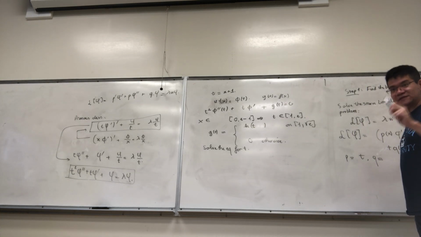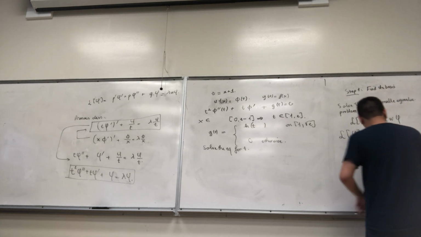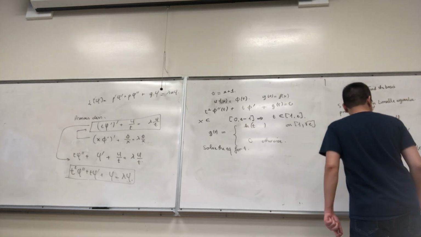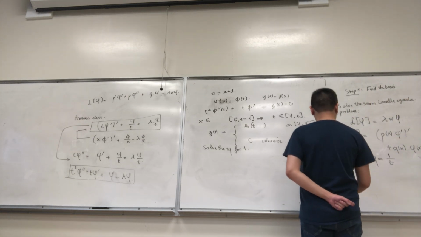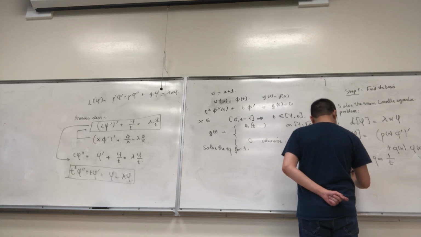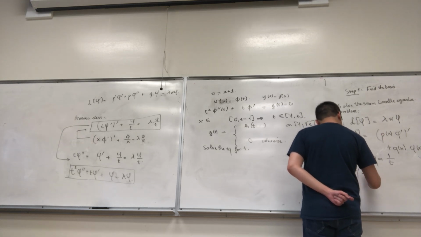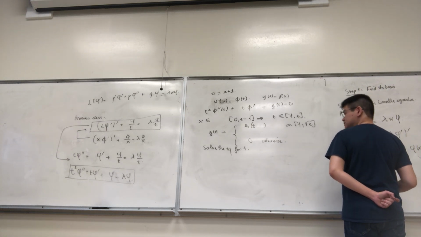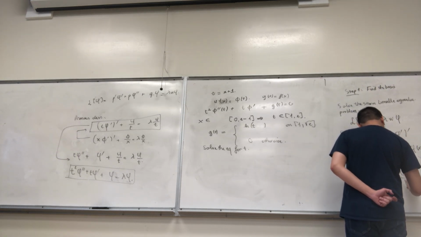It's going to be 1 over t, right? So then you're going to have phi prime plus phi over t, and this is equal to lambda phi over t.